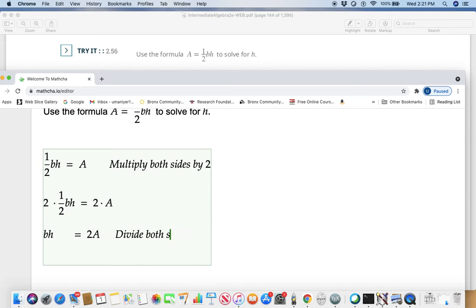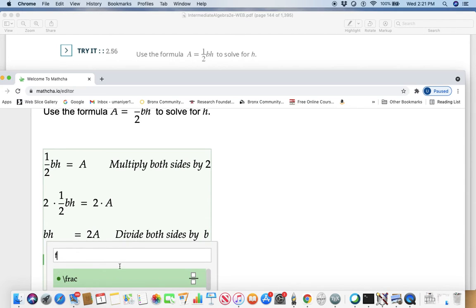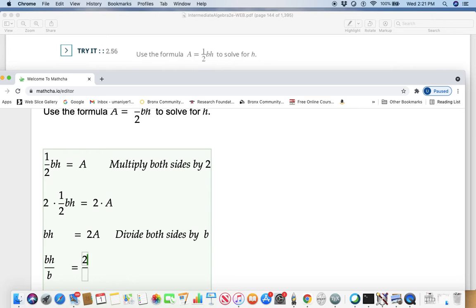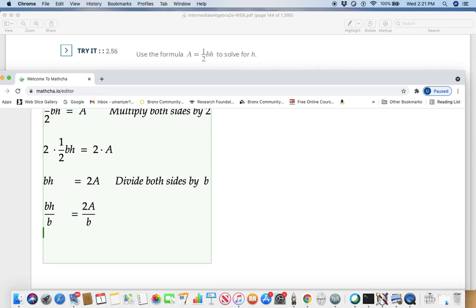Divide both sides by B. So the fraction BH over B equals the fraction 2A over B. BH over B cancels the B's and you are left with H equals 2A over B, and that's your solution. We have solved for H.